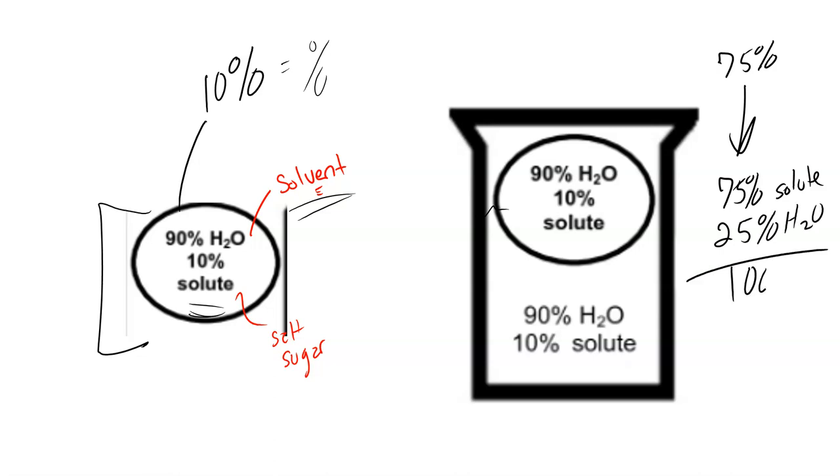H2O. So that's going to be a 100% solution, in which a portion of it is the solute and the other portion is the H2O. Same thing here: 90 plus 10, 100. So when you see questions with a 75% solution or a 92% solution, whatever it is, make sure you're mindful of it adding up to 100, and you know how to calculate solute versus H2O.